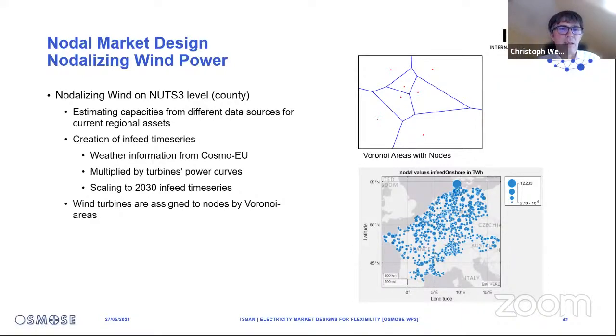And the basic principle is that we attribute the wind capacity data that we collect at the level of NUTS3 regions, and then we attribute those capacities to the different grid nodes using so-called Voronoi areas, which map each point on the map to the closest grid point.